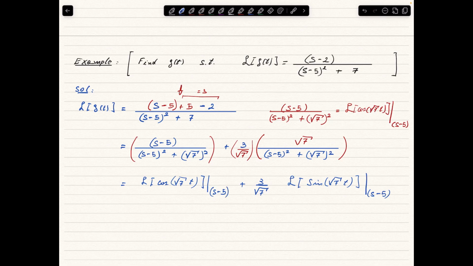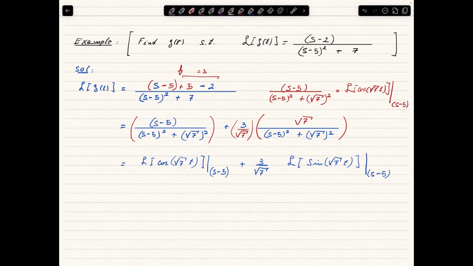And now is when we need to use the other translation identity, which says that the Laplace transform of any function of t, for example f could be this function or f could be this function, and then we shift this Laplace transform into s minus c, is equal to the Laplace transform of the exponential ct times the original function f of t.